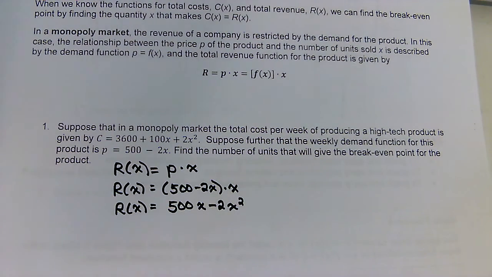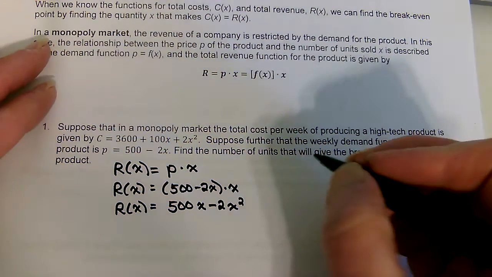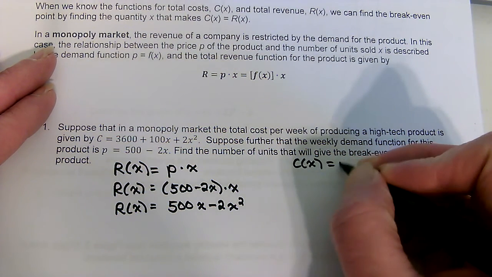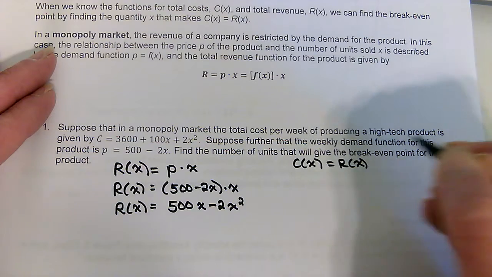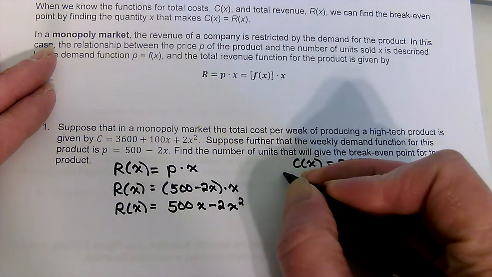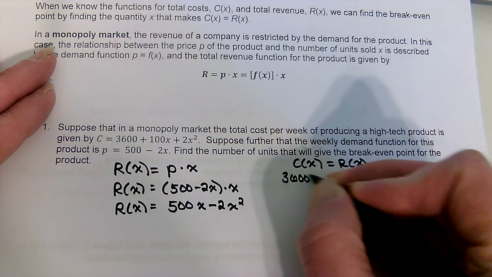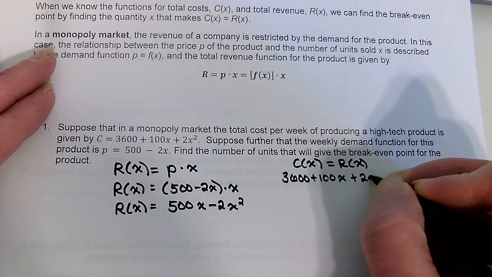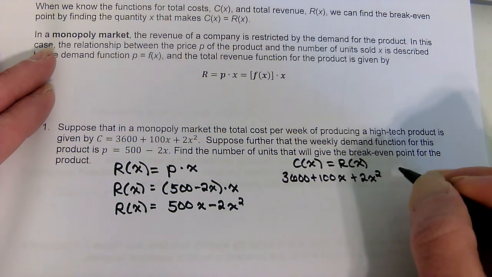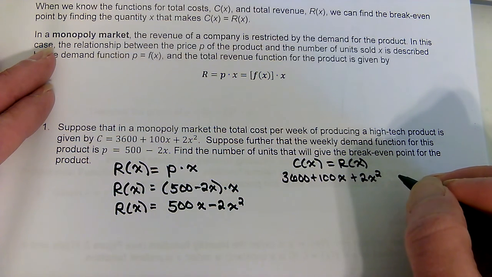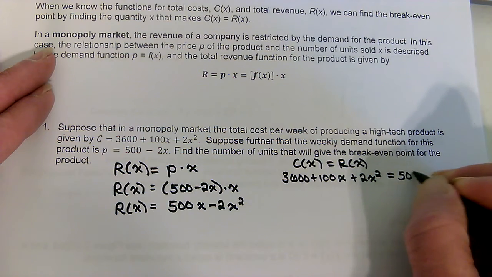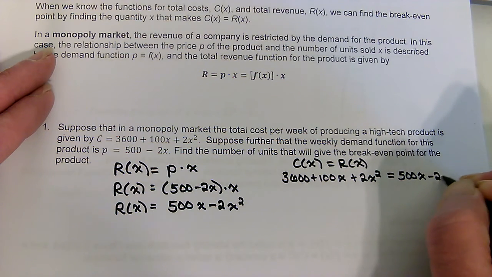And we want to know when the cost and the revenue are equal. So I want to know when the cost equals the revenue. Here, cost is 3,600 plus 100x plus 2x squared, and we want to know when that equals 500x minus 2x squared.